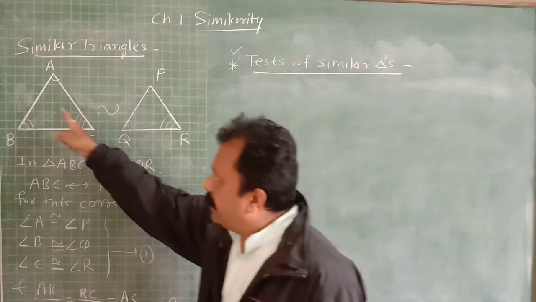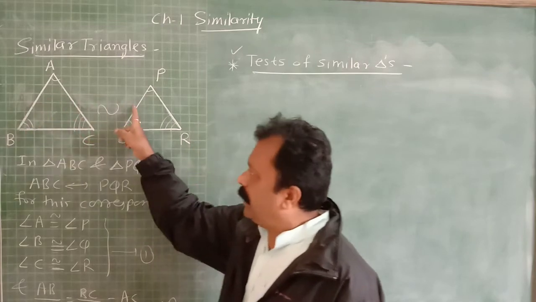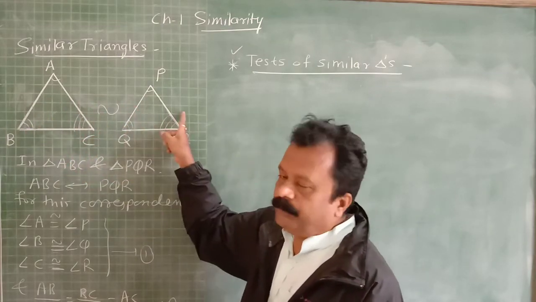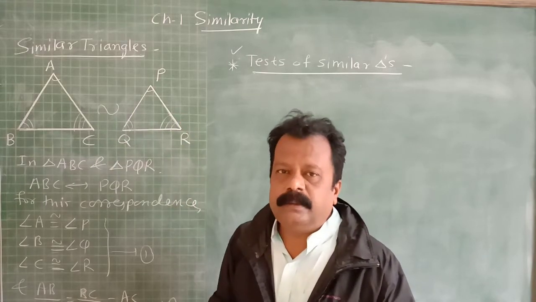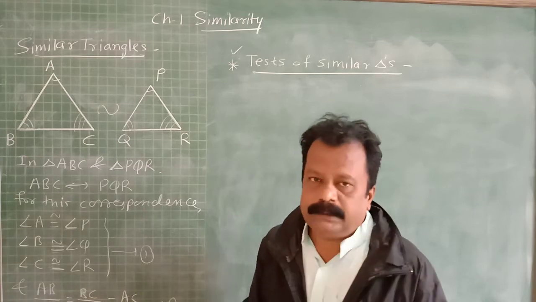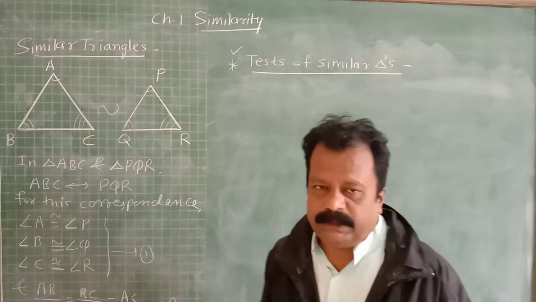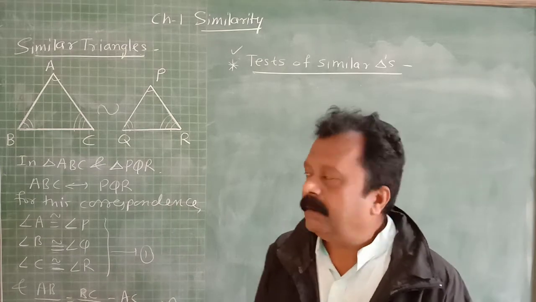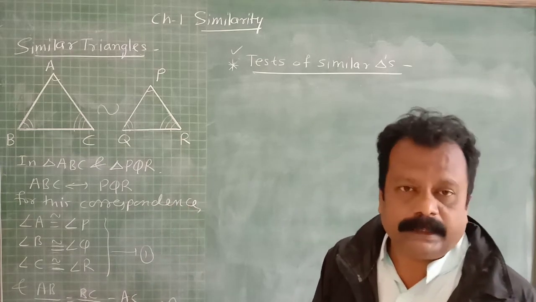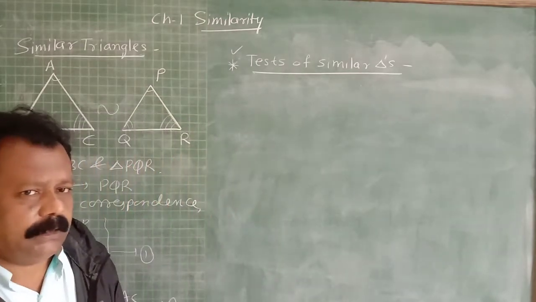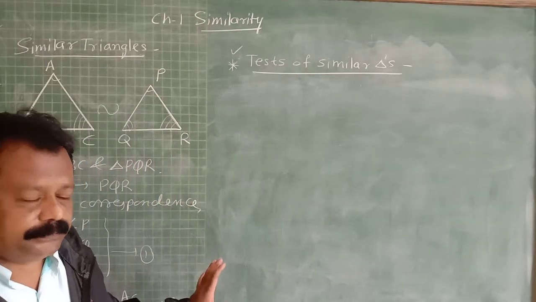Means if we take the ratios AB upon PQ, BC upon QR and AC upon PR, all values must be the same. Then we can say that the sides are in the same proportion. After 6 conditions are satisfied, we can say the two triangles are similar to each other.